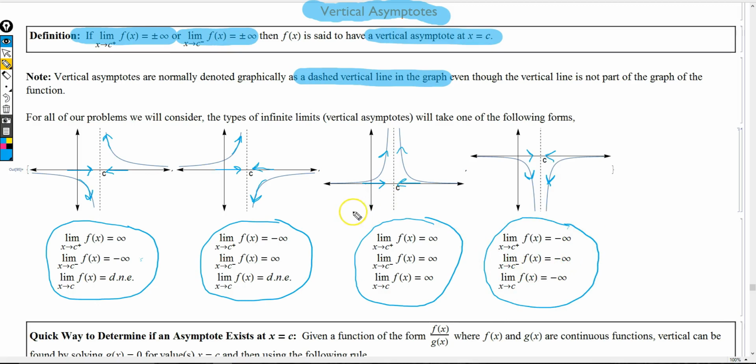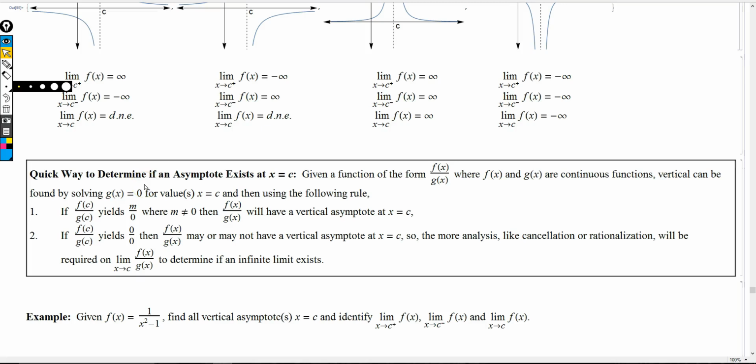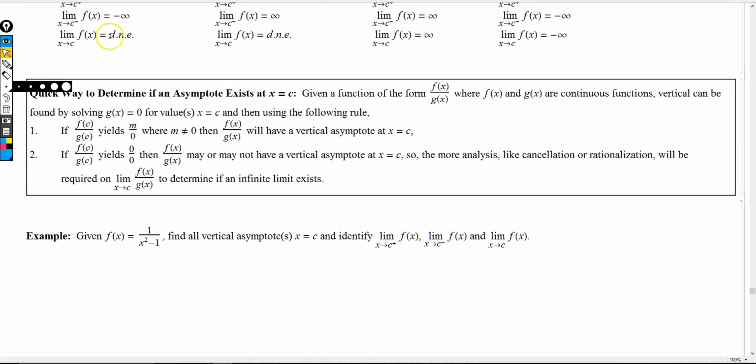Now let's take a look at a quick way to determine when an asymptote exists at a point c. If we're given a function of the form f of x divided by g of x, where we assume f and g are continuous functions, which mostly all of our functions are, then vertical asymptotes can be found by solving for where the denominator is equal to 0.